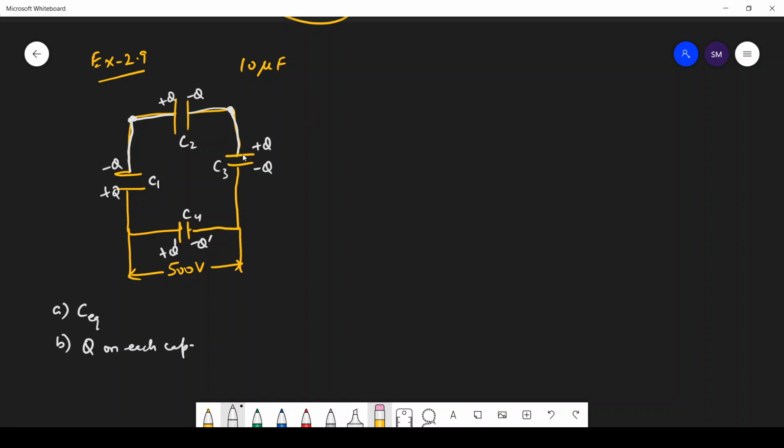Let the equivalent capacitance of these three be C dash. So C1, C2, C3 are in series. Now their equivalent capacitance will be given by 1 by C1 plus 1 by C2 plus 1 by C3.